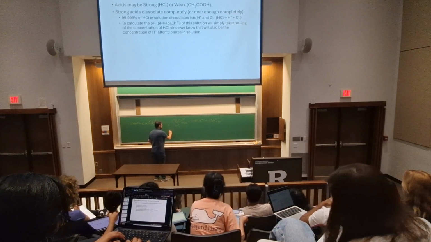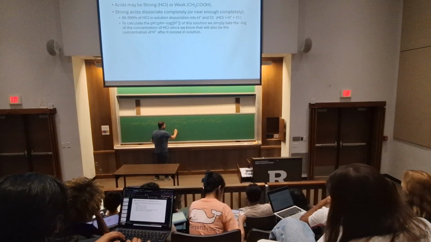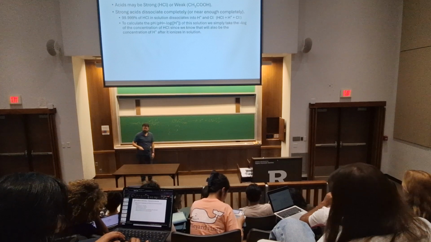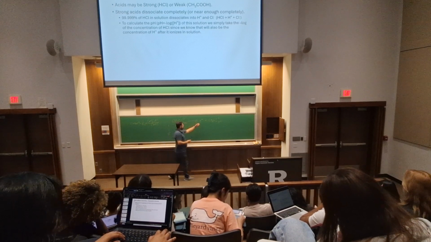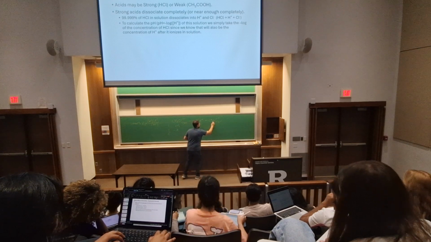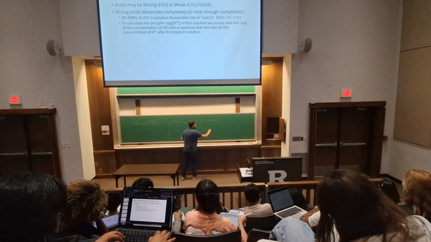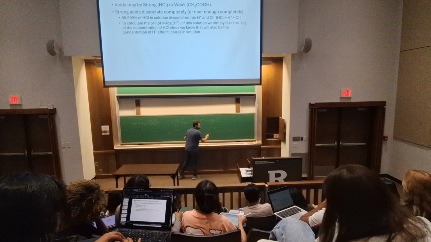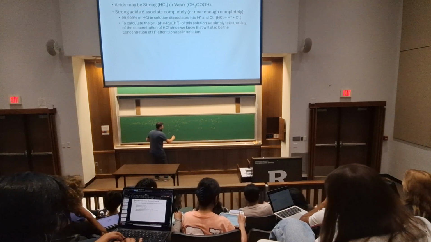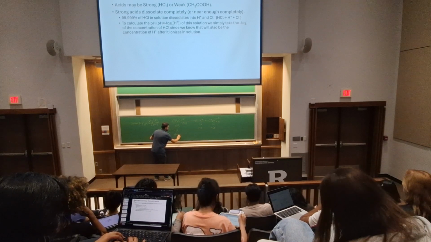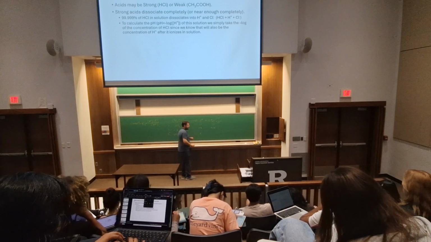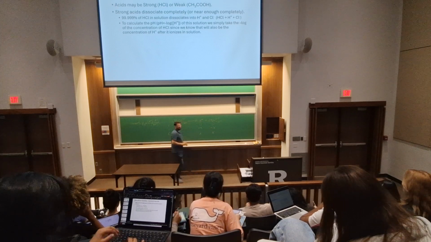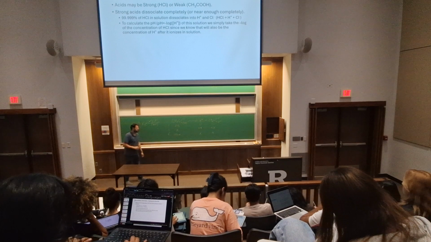Well, now we put up our table. This is going to dissociate by some amount. We don't know what it is yet. But however much dissociates, we're going to get that concentration of H+, so it's going to go up by that amount. This is going to go up by that amount. So at equilibrium, we'll have 1 molar minus whatever. We'll have whatever amount of H+ and whatever amount of A-, in our case, acetate.